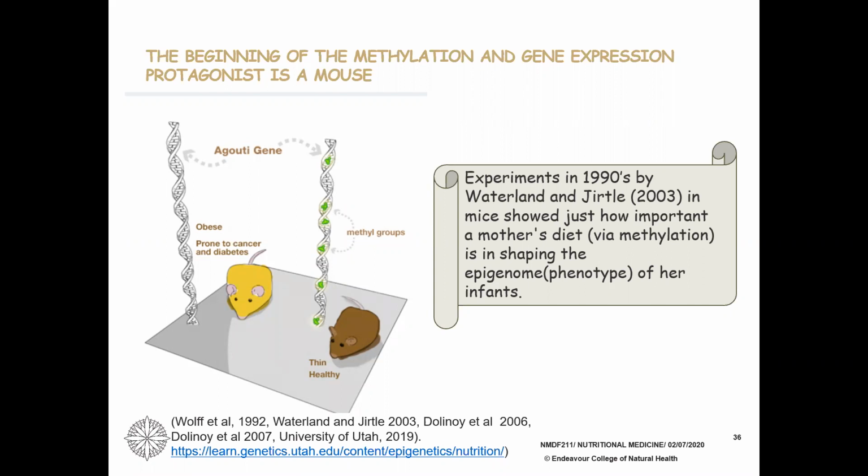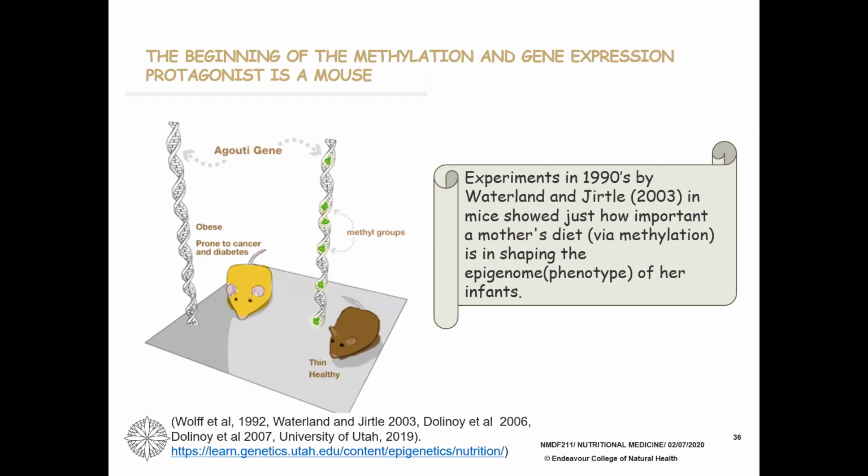Now, when the agouti gene is methylated, it is normal. The rat is brown and does not develop diabetes or obesity. So that was the basic start for this experiment.